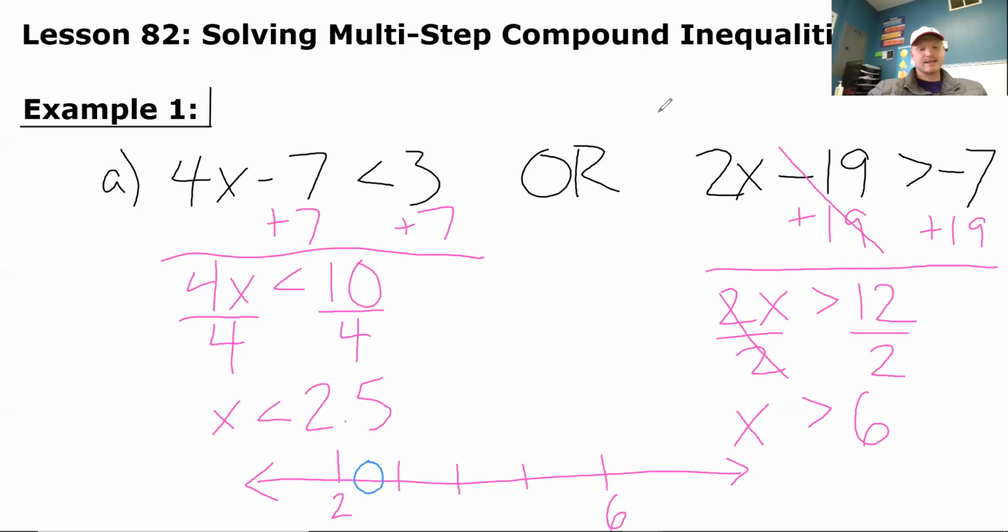So x is less than 2.5, so it's going to be all the values on the left side. If I were to plug in a 2 for this x, is 2 less than 2.5? Yes, it is. If I were to plug in a 1 for that x, is 1 less than 2.5? Yes, it is. So it's all those values on the left side of our number line. That's how you would check for that.